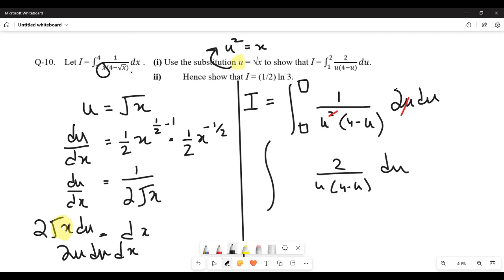And all that's left to do is change the limits from 1 to 4, which are the limits of x, into the limits of u. So we have the conversion u equals square root of x. So when x is 1, u is also 1.